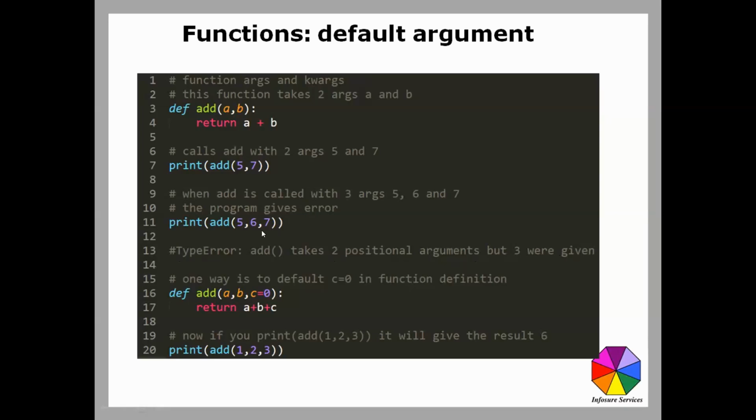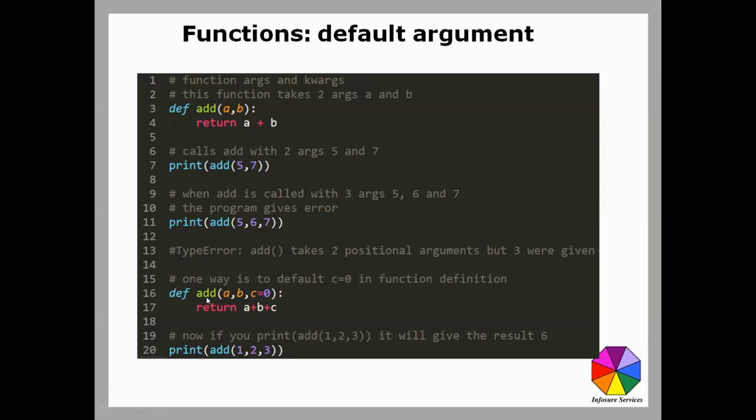This is how an error will crop up, because it has been defined with only two parameters.